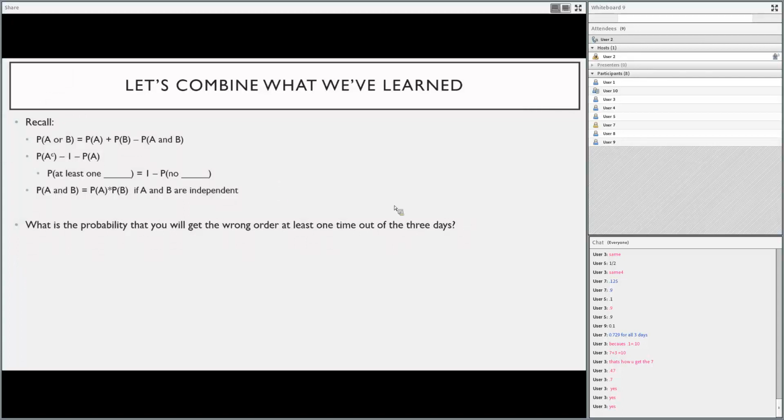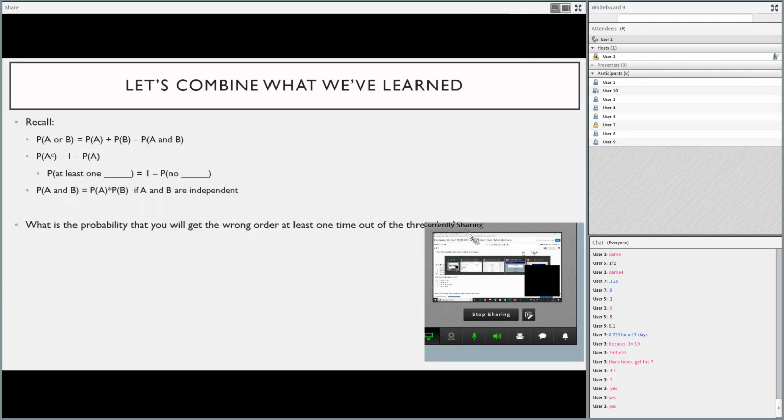So let's say now I want to know the probability that I will get the wrong order at least one time out of these 3 days. Now, I hope I burned it into your brain enough already. What are the key words in this question that I should notice in terms of the formulas that we've learned? What was the formula you were definitely going to memorize?